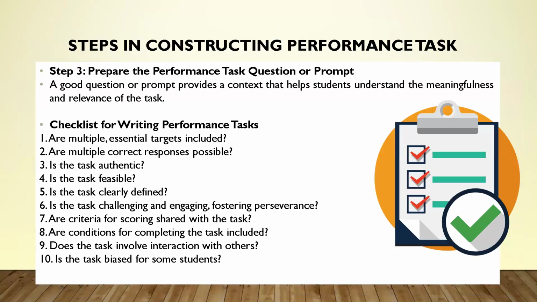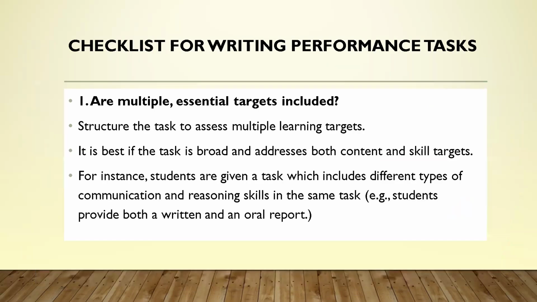Step 3 is to prepare the performance task question or prompt. Okay, so we discussed this already. Now we go to the checklist for writing performance tasks, which we will discuss one by one. So number 1, check on our checklist. Are multiple essential targets included?